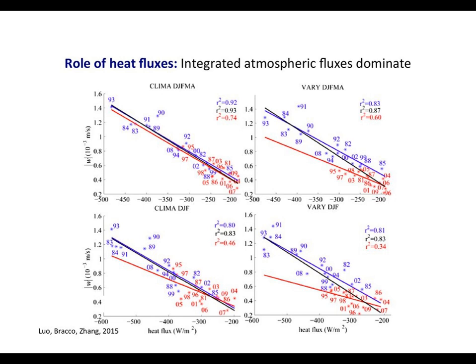If you focus on the top right, you can see that in strong convective years, most of the intensity of the convection is explained by the strength of the heat fluxes. There is a very strong correlation between the two.